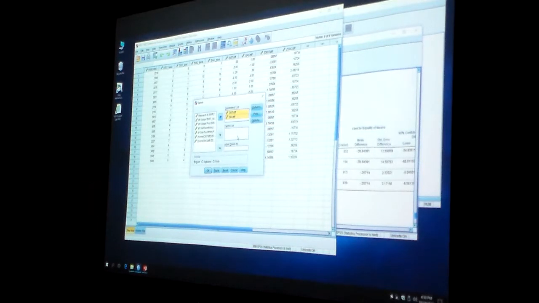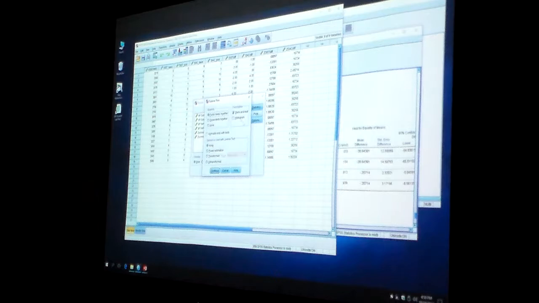Does anything need to go in the factor list here? Nope, we're good to go, but I will put my research ID down on my case label. That way in my box and whisker plots, if we have extreme values, it'll label them by their participant number so that I know which ones they are, right?